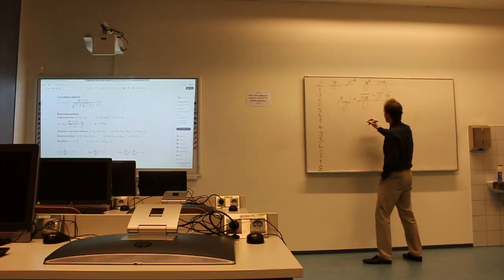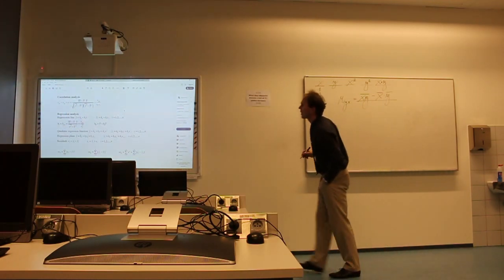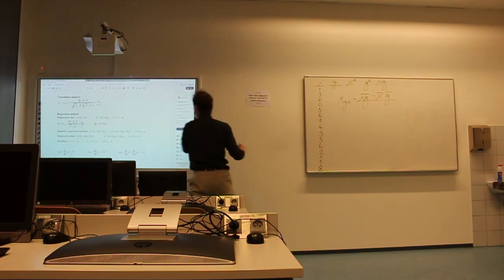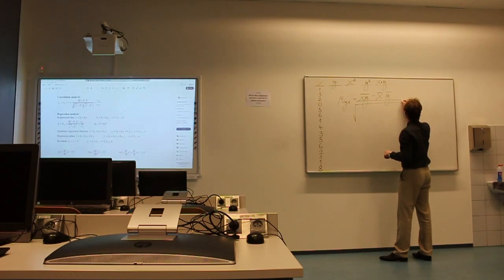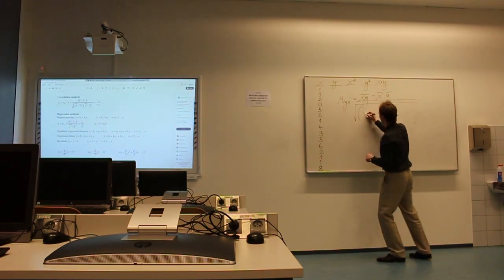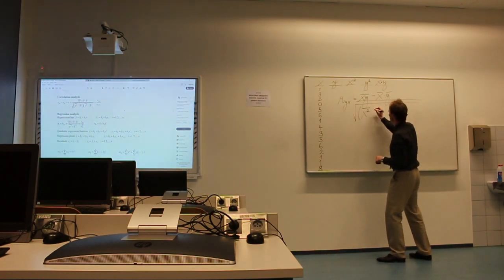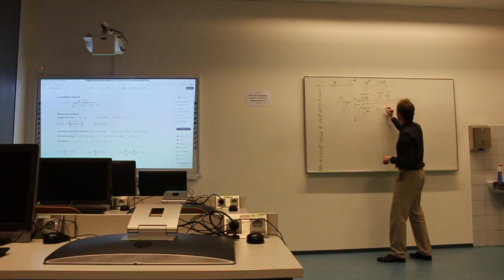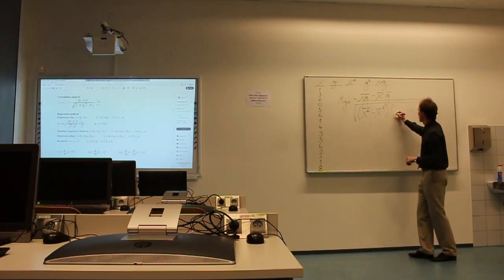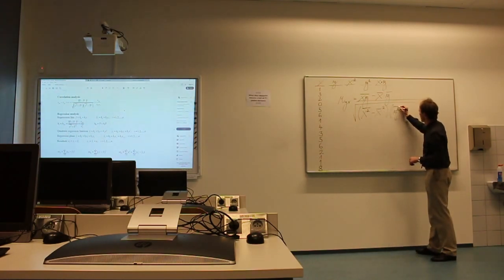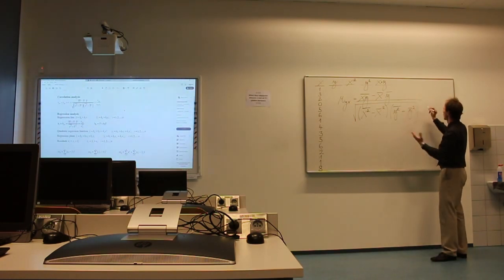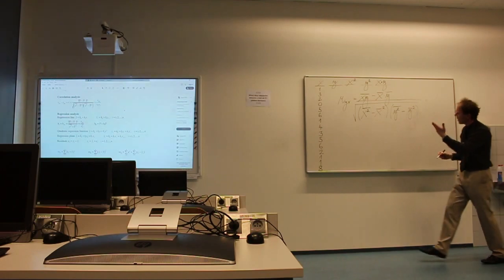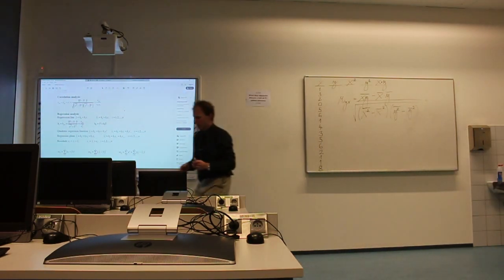This is divided by a square root, and we have here x squared mean minus x mean squared, times y squared mean minus y mean squared. Okay, we know all values, yes?